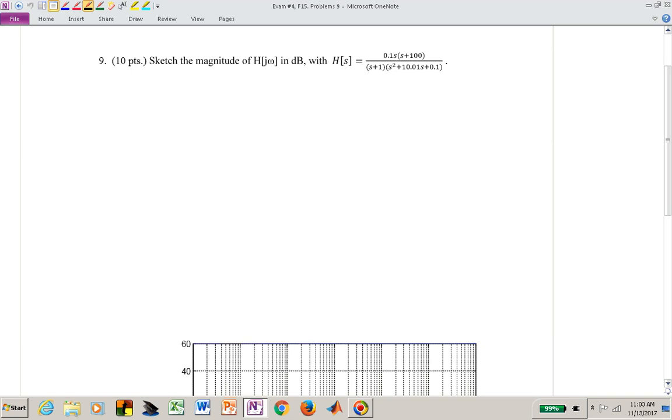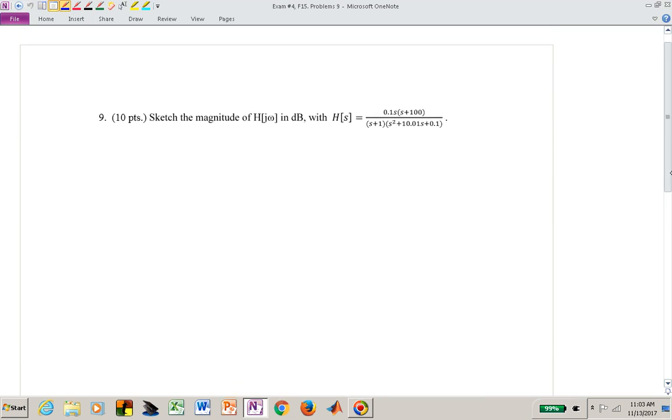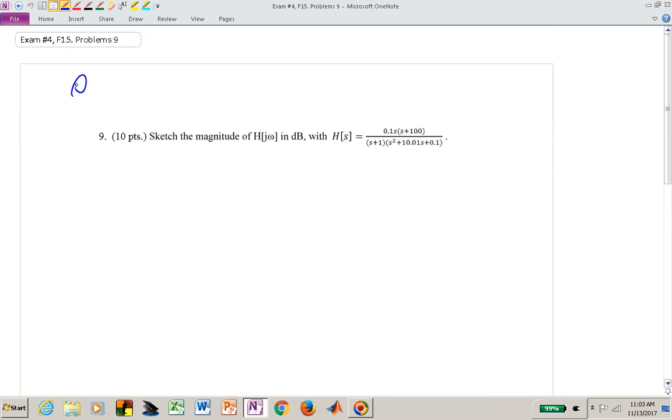And now we simply need to factor this denominator polynomial, s squared plus 10.01s plus 0.1. If we factor that, we will see that this is not a quadratic factor.